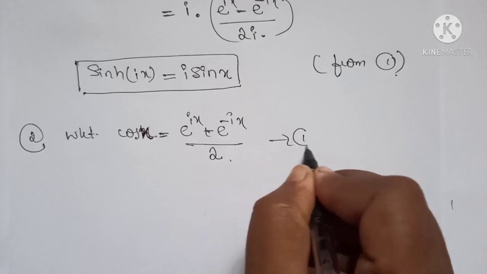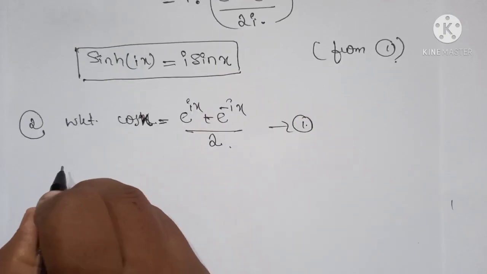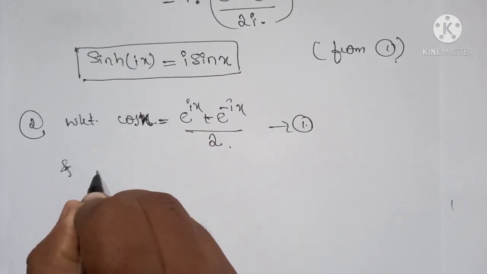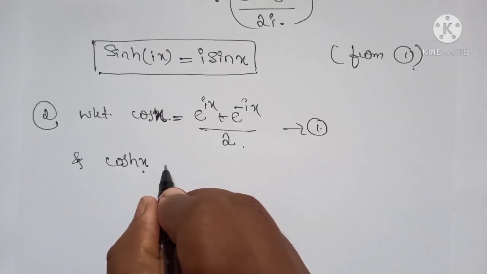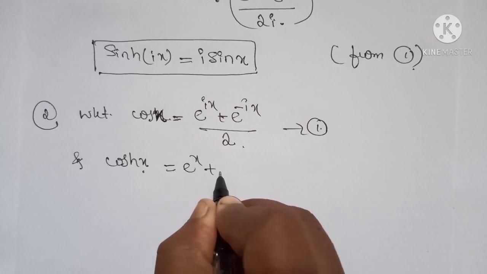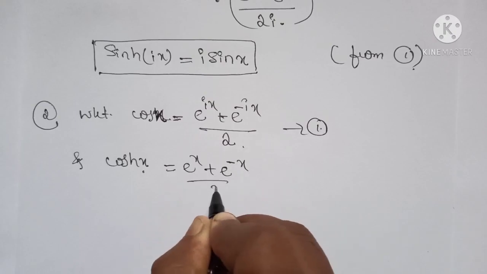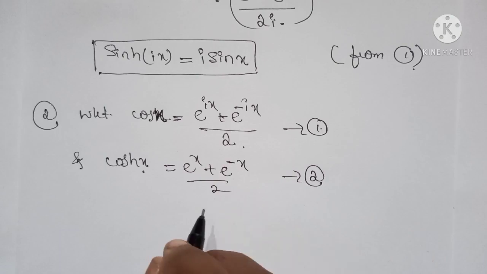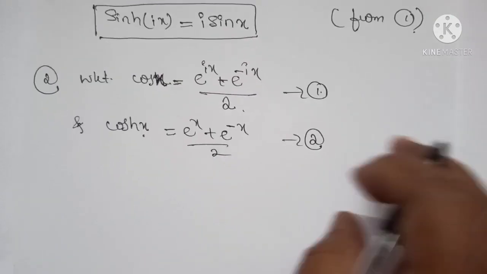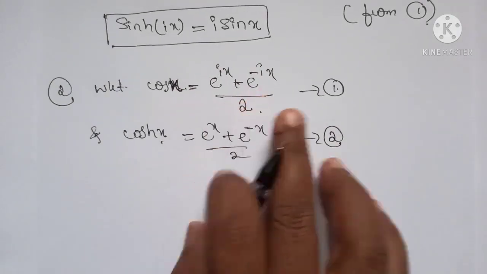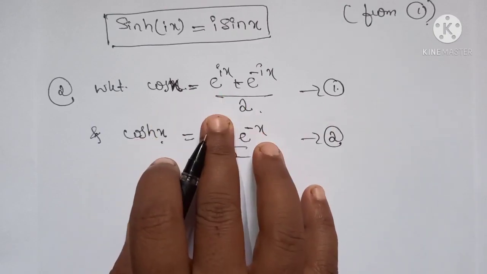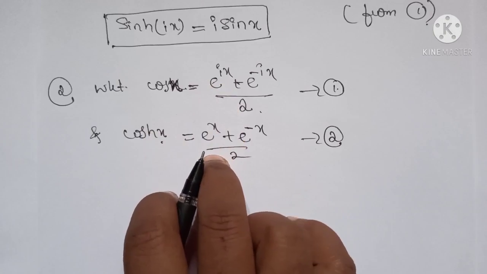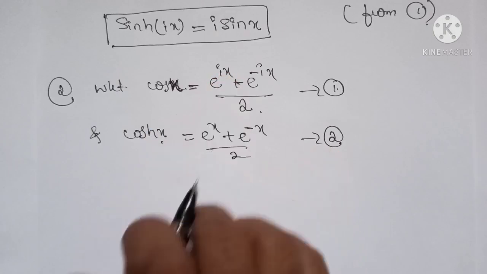Consider this as equation 1. Then from the hyperbolic function of cosine x, we have (e raised to x plus e raised to minus x) divided by 2. You can compare equations 1 and 2. Here it is almost similar, only instead of x we have ix.